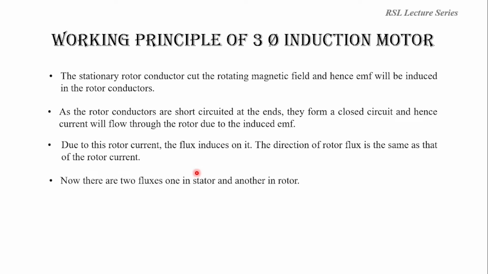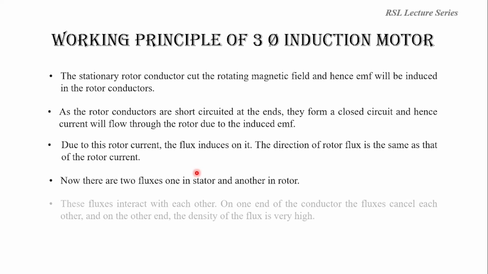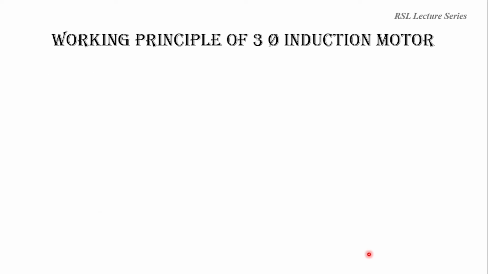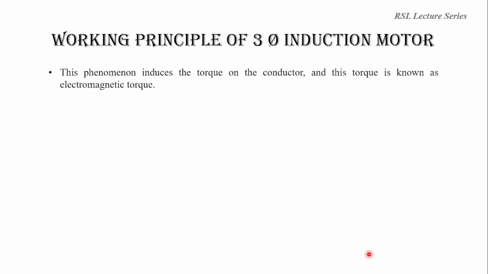Now we have two fluxes, one in the stator and another in the rotor, and these two fluxes will interact with each other. On one end of the conductor, the fluxes cancel each other, and on the other end, the flux density is very high. The high density flux will try to push the conductor of the rotor towards the low density region. As a result, the rotor will start rotating. This phenomenon induces a torque on the rotor, and this torque is known as electromagnetic torque.